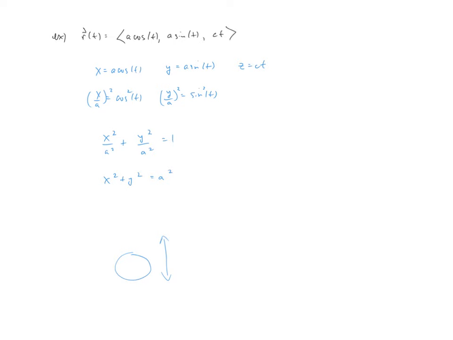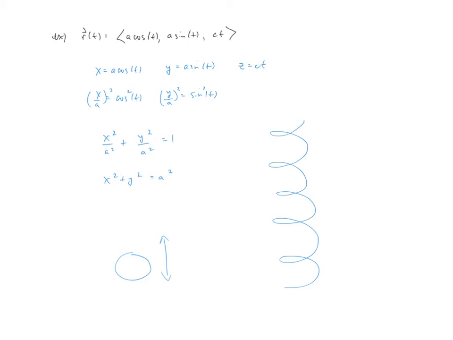And so what we're looking at is something like this. Remember, this is a curve, so we're looking at something like this as it continues. If you look straight down this thing, that's where you'll see that circle. But because of the z equals ct, that's going to continue to make it increase or decrease depending on the values. This is called a helix.